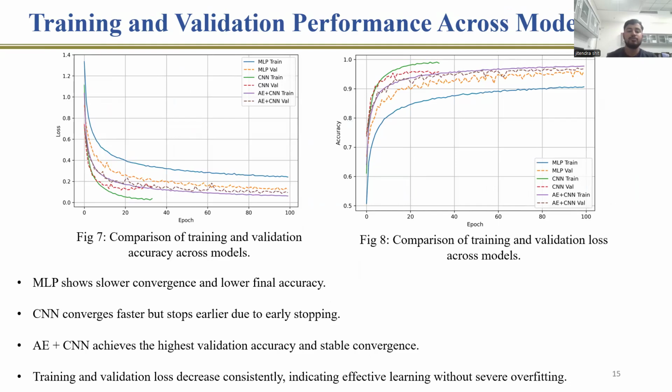Here MLP shows slower convergence and lower final accuracy, and CNN converges faster but stops earlier due to early stopping. AE plus CNN achieves the highest validation accuracy and stable convergence. Training and validation loss decrease consistently, indicating effective learning without severe overfitting.